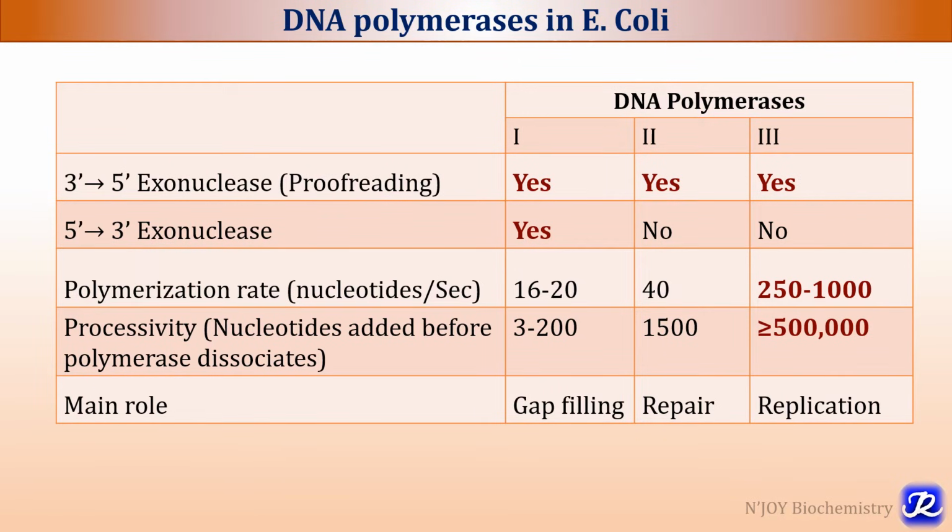DNA polymerase 3 is a multimeric enzyme with more than 10 subunits, and 2 of its subunits are called beta subunits, which act like a sliding clamp, enhancing its stability and processivity. The main role of DNA polymerase 1 is gap filling. The main role of DNA polymerase 2 is DNA repair, and the main role of DNA polymerase 3 is DNA replication.